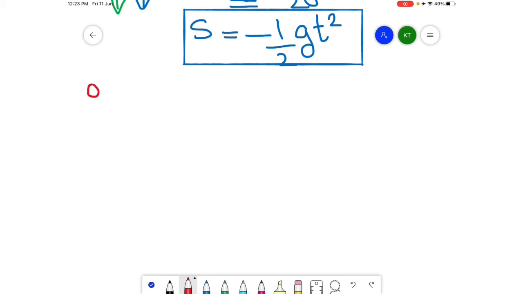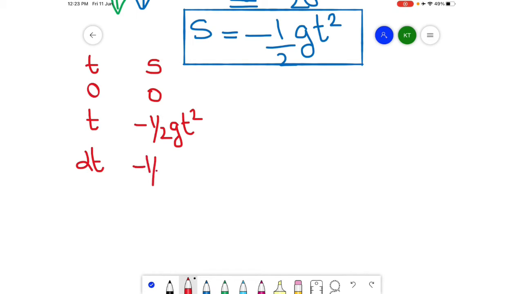So we've got time 0, and this is distance s. At 0 time, what will be the distance? 0. When time is equal to t, distance will be minus half g t square. What about when it is 2t?